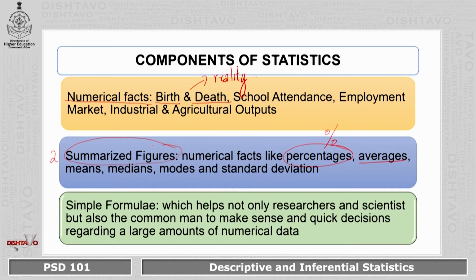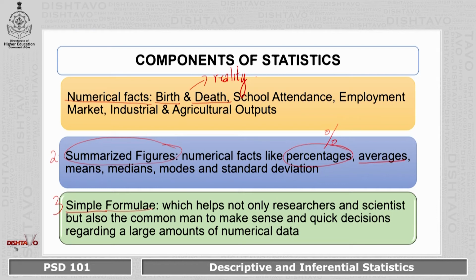The last component of statistics is simple formulae. Statistics for psychology is different from maths because it makes use of very simple formulae. It helps not only students, but also researchers, teachers, and everyone accessing these simple formulae. It can be used in day-to-day life.